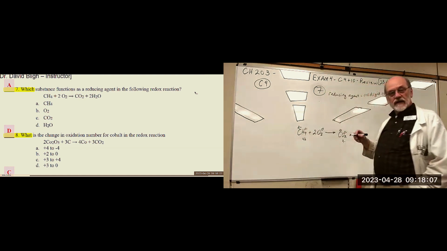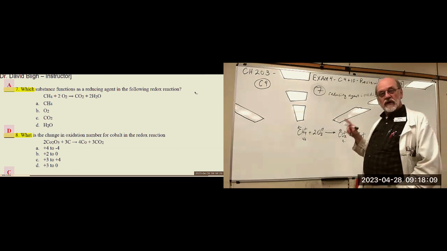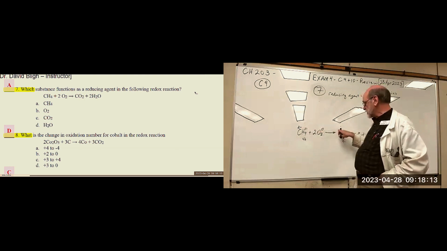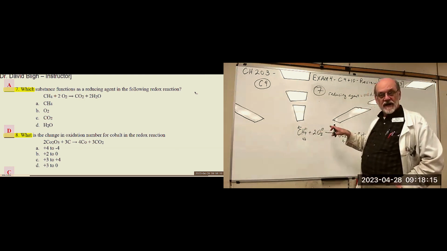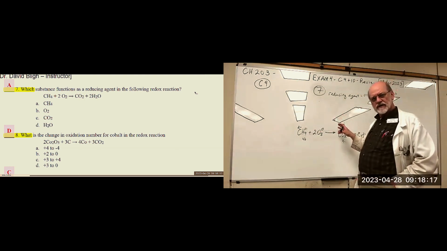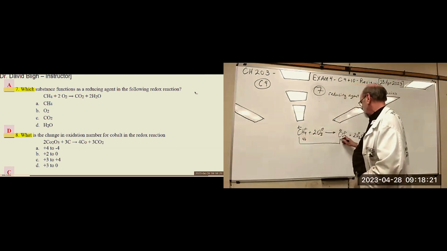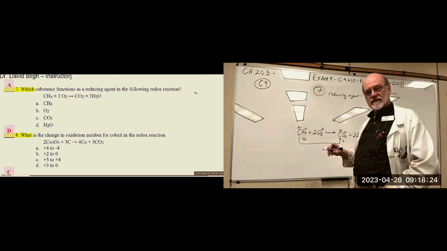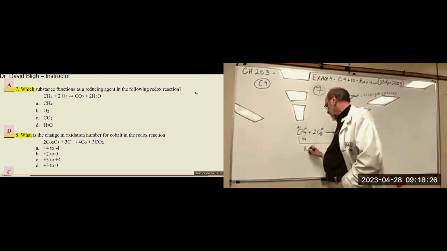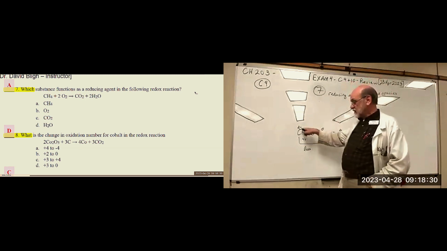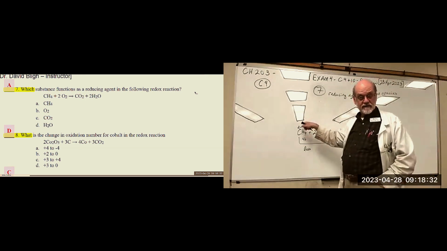All right. So which one was oxidized? Which one lost electrons? We went from carbon 4 minus to a 4 plus. How many electrons do you have to lose to go from a 4 minus to a 4 plus? Well, to get to 0, you have to lose 4, correct?